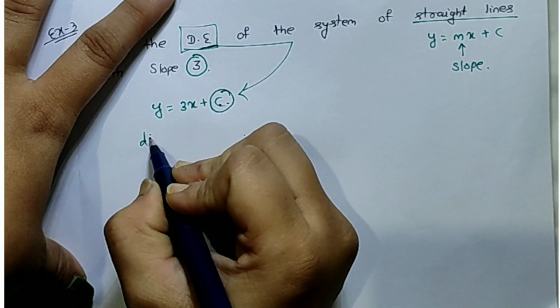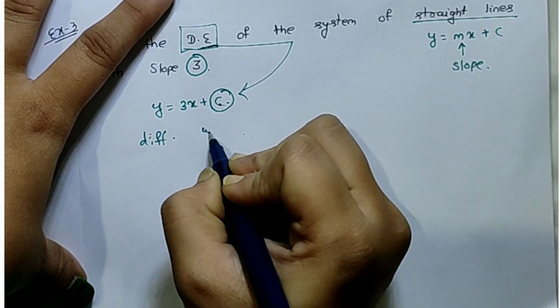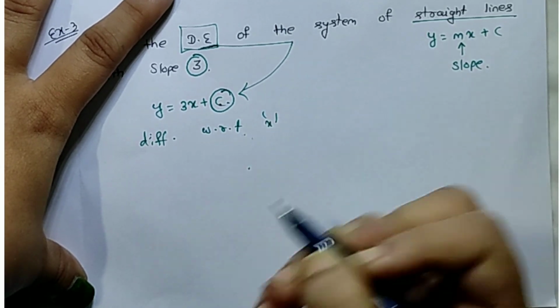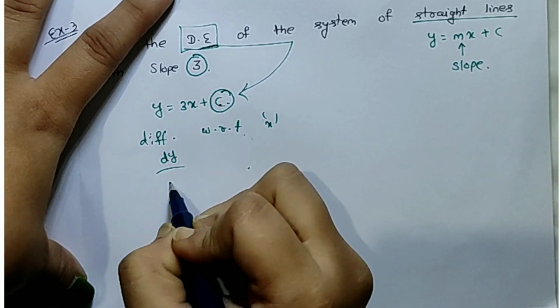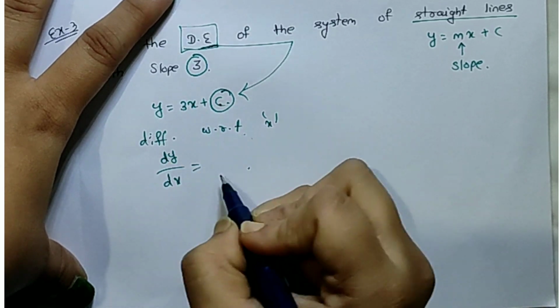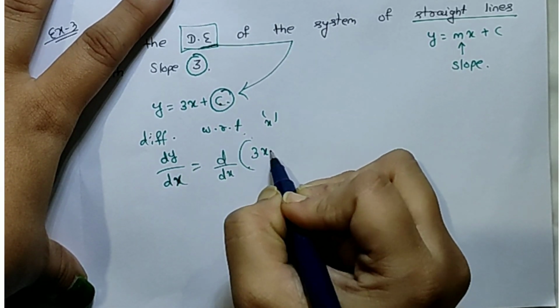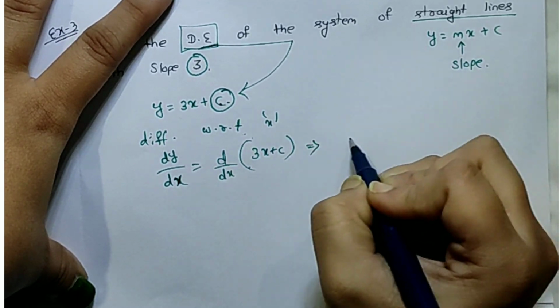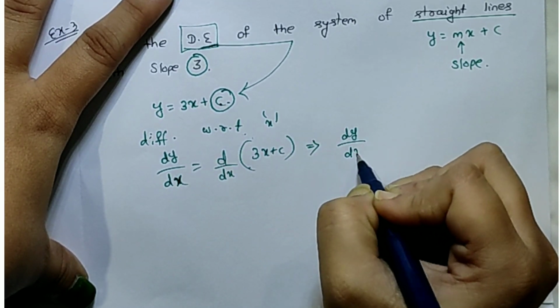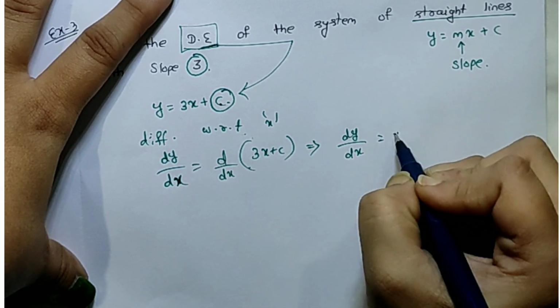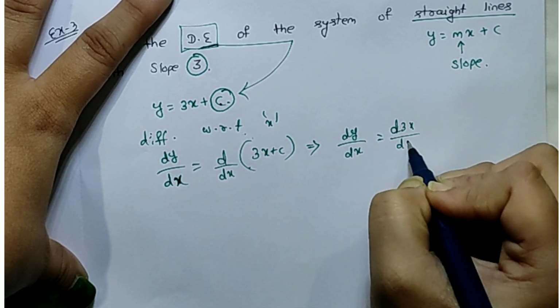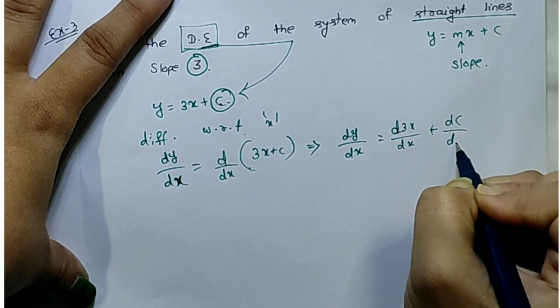So differentiating with respect to x, dy by dx is equal to d by dx of 3x plus c, which implies dy by dx is equal to d(3x) by dx plus dc by dx.